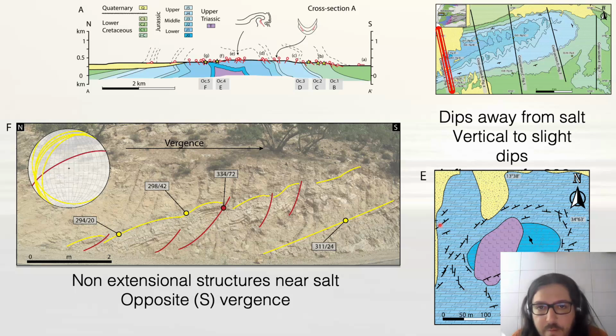The dips vary from subvertical to near 25 degrees farther away from the salt, and the strike directions gradually change to a regional east-west to southwest-northeast trend about 400 meters away from the salt in any direction.